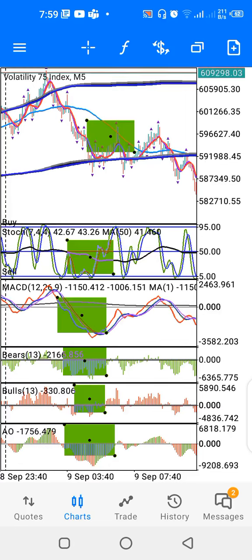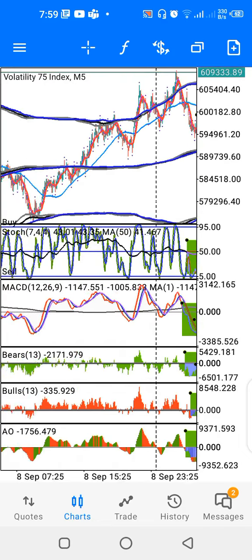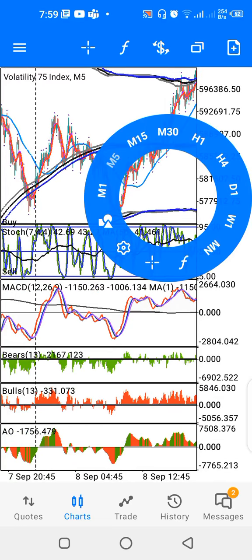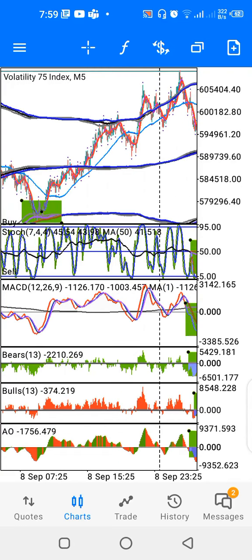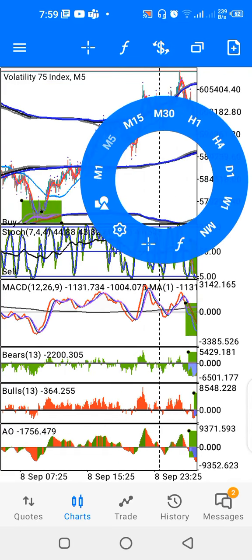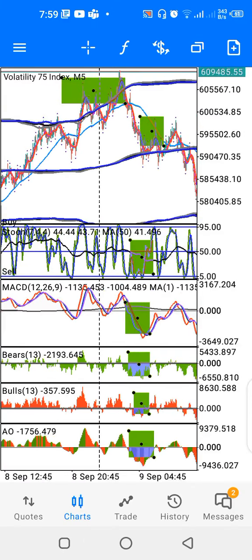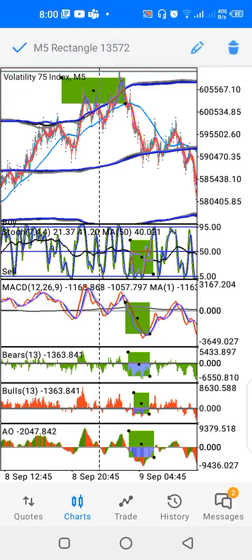Okay, so for the main chart, you might want to zoom out. Okay, look at what happened here. The lower Bollinger Band is expected to be your support. All right, and the upper band is expected to be your resistance.